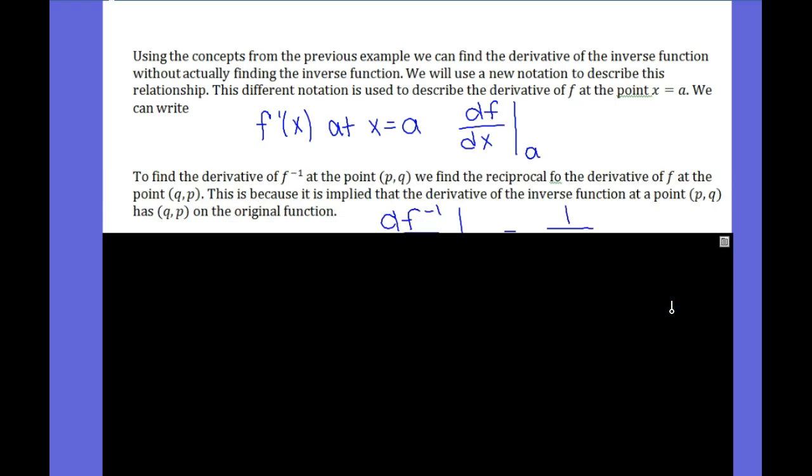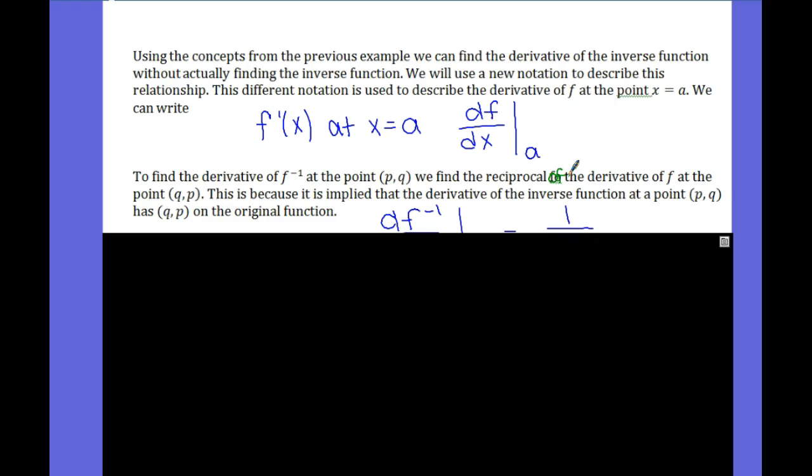To find the derivative of f inverse at a point (P, Q), we find the reciprocal of the derivative of f at the point (Q, P). So again, I was stressing how important it is understanding that (P, Q) becomes (Q, P) on the inverse.